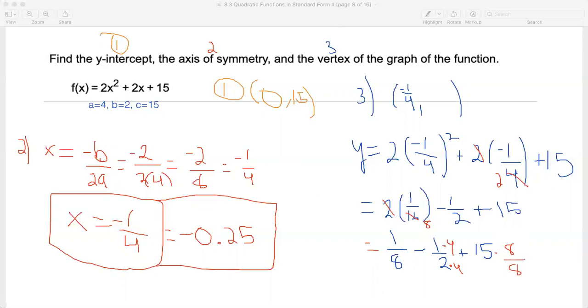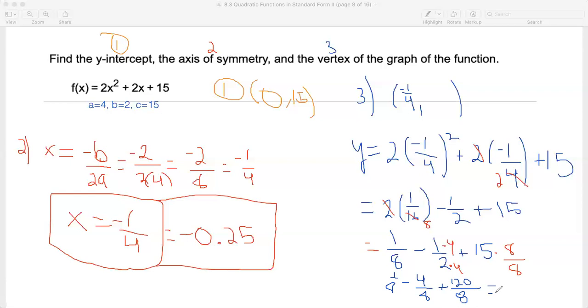So this would then give me 1/8 minus 4/8, and then 15 times 8, I don't know, it's 120. So plus 120/8. Okay, so then this will give me 1 minus 4, which is negative 3.